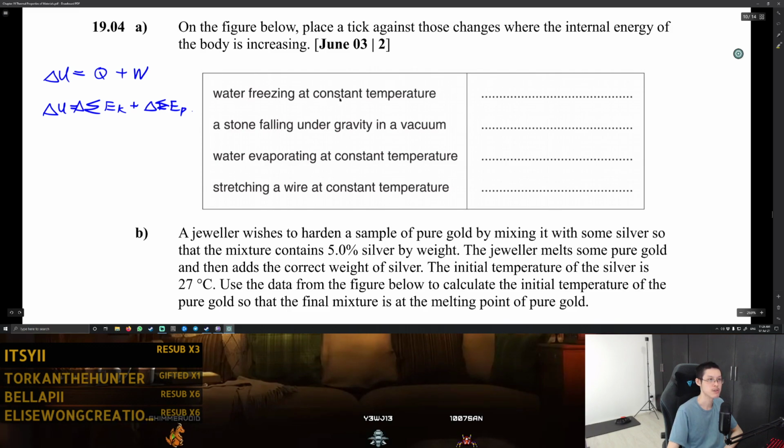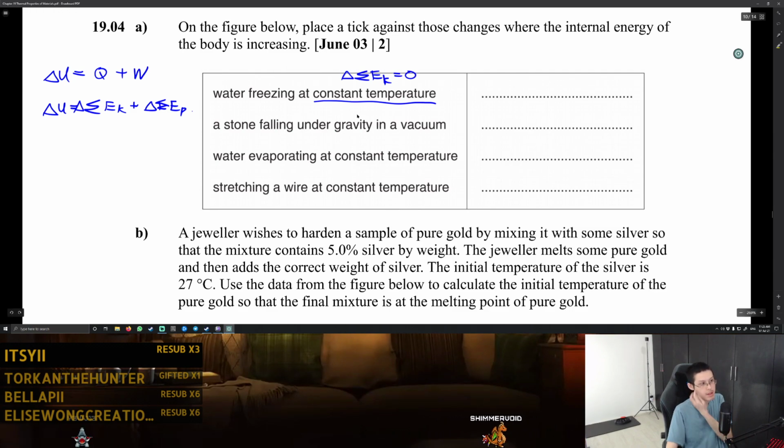So if you see constant temperature, what that means is that the change in the kinetic energy of the particles in the substance is 0, because the temperature depends on the mean kinetic energy of a substance.